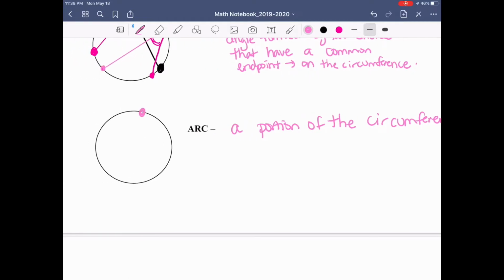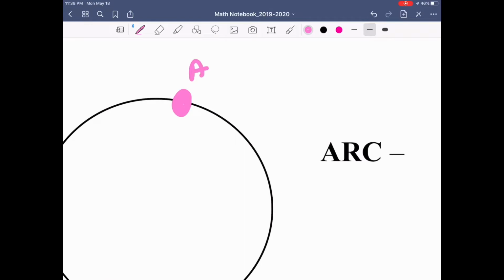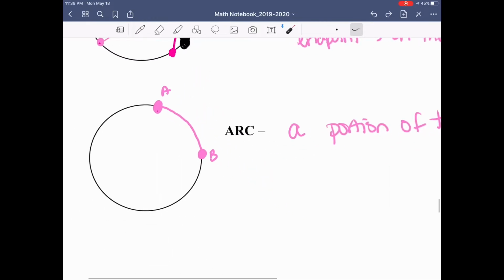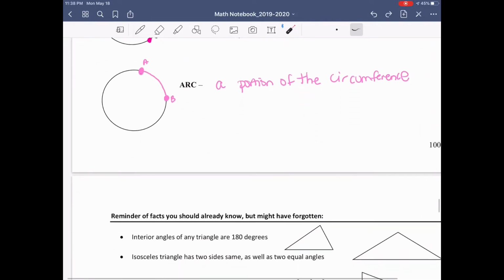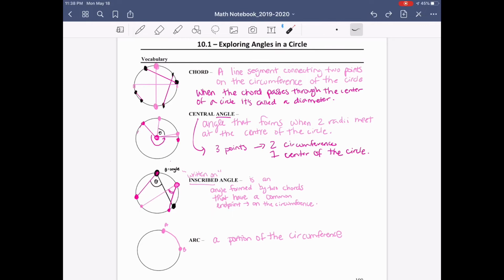So let's say you have point A and point B. Okay, the arc would be this curved line between A and B. If there's a chord here between A and B, that is not an arc. Okay, the arc is only the portion of the circumference. So it's this curved part right here. Okay, so you have to know that an arc is just a portion of the circumference, so it's just a curved section. Okay, so these are really, really important definitions.